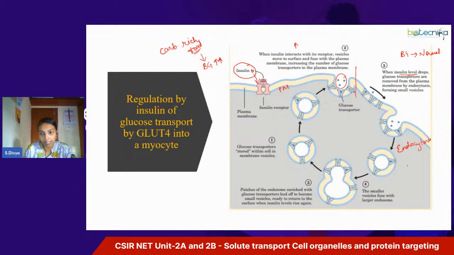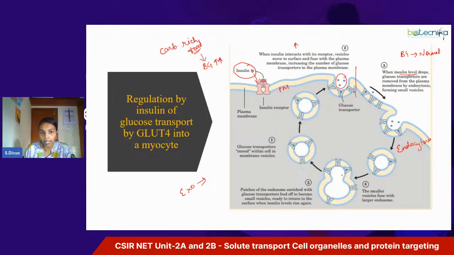Endocytosis taking up inside. Exocytosis means taking the content outside. So here, this particular portion will be taken up inside. And the smaller vesicles will fuse with the endosomes.